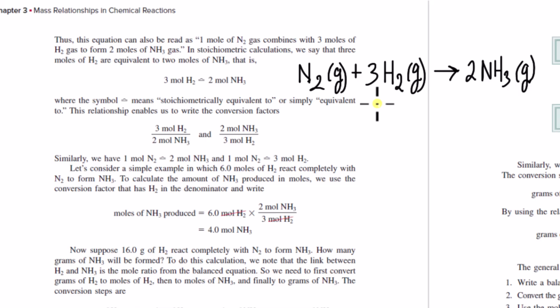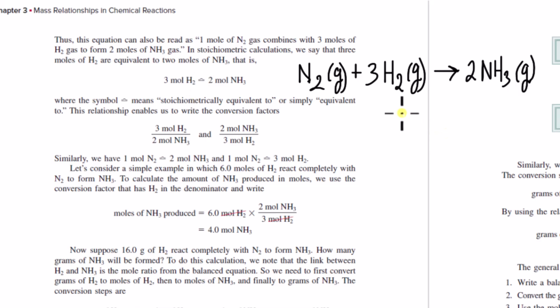So when doing stoichiometry, you're going to make use of what they're calling these stoichiometric equivalencies. You're going to use these equivalencies like conversion factors, but they're not actually true conversion factors. That's why it's a stoichiometric equivalency.